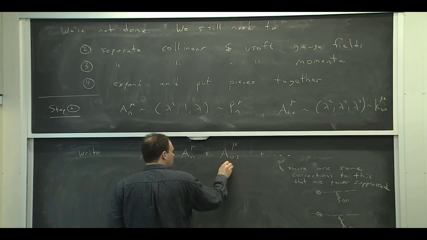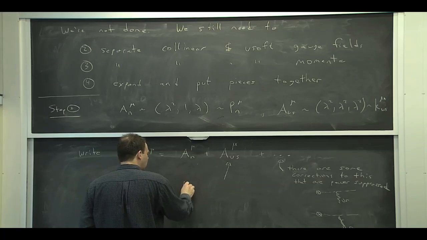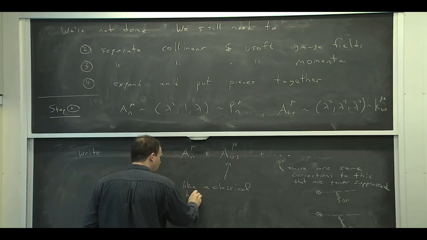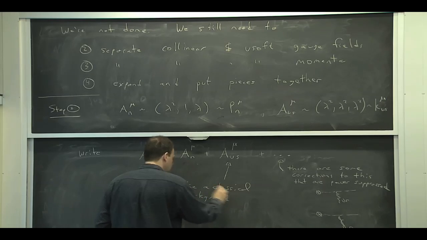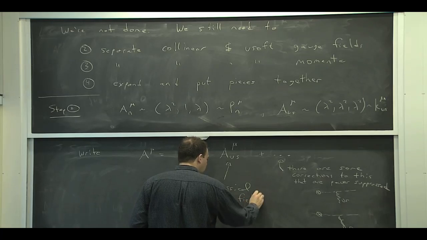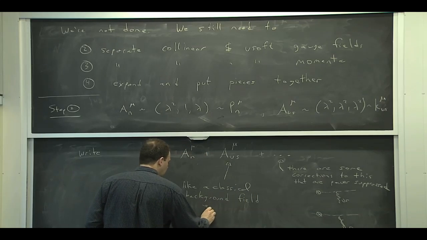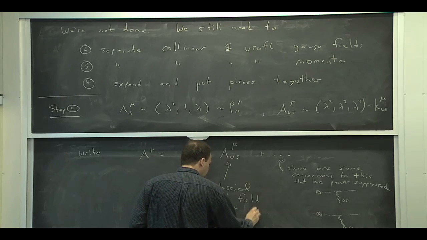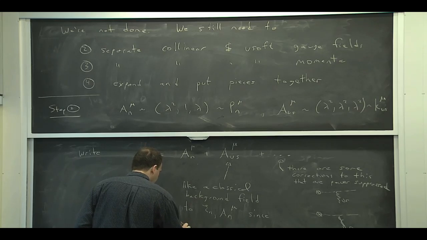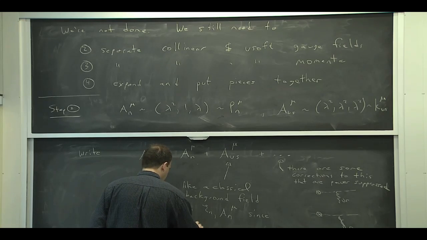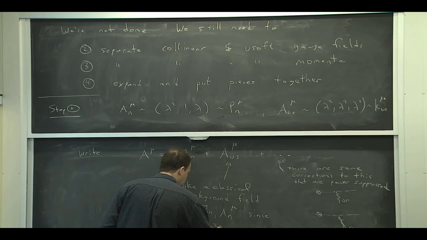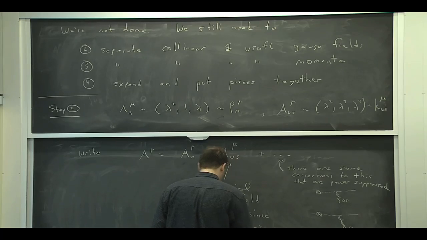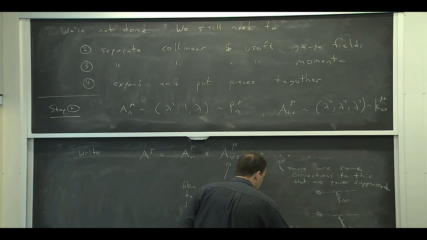So think about this formula in that way, that this is like a classical background field to the C_n and the A_n^mu, since the p ultrasoft squared had a scaling which was lambda to the fourth, lambda squared squared, and that's much smaller than p collinear squared, which was Q squared lambda squared.